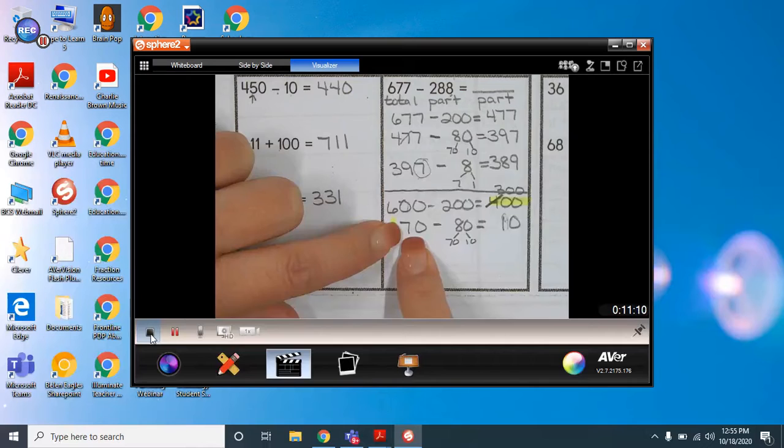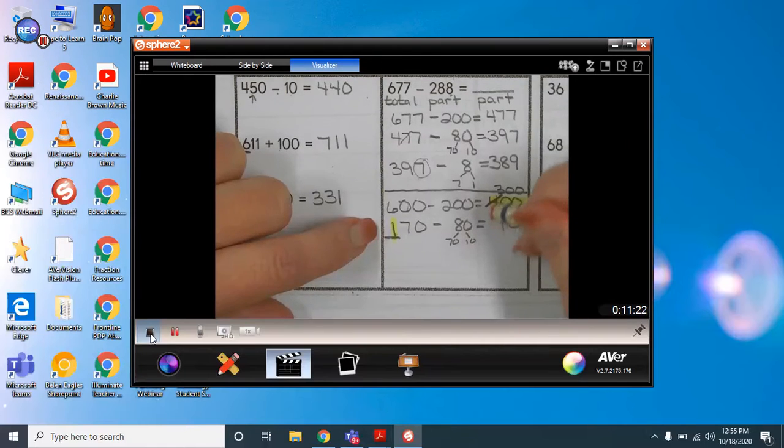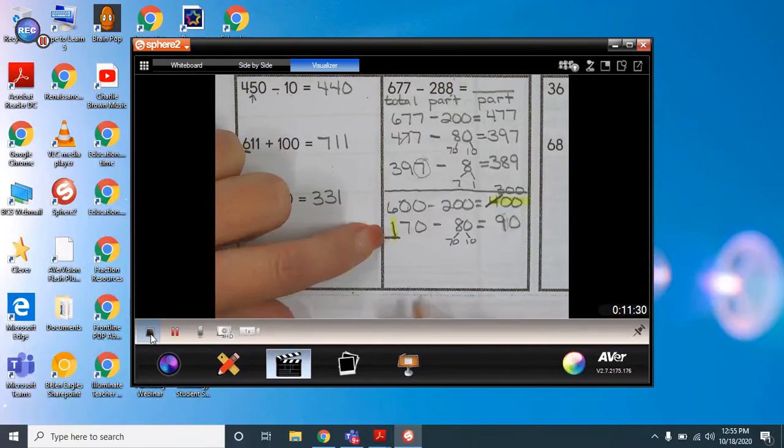No. So please remember, if you want to be accurate, use addition to check your subtraction. So I can say that 170 minus 80 is 90.